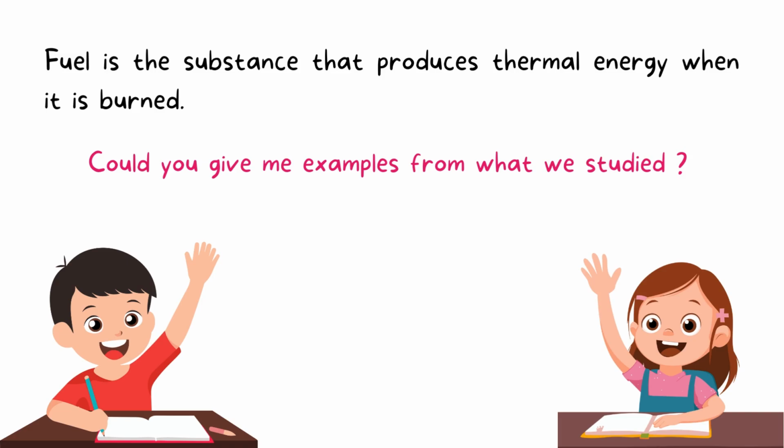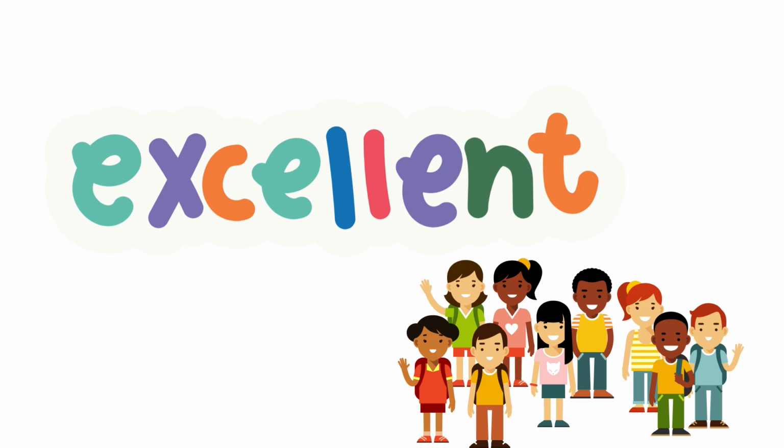We have many examples like coal, wood, gasoline. Yes, as gasoline is burned in the engine of the car and makes the car move. Yes, and we have what? Natural gas. We use natural gas in cooking and in warming, okay? And we get thermal energy from the natural gas when it is burned. So excellent, Junior 4 students.